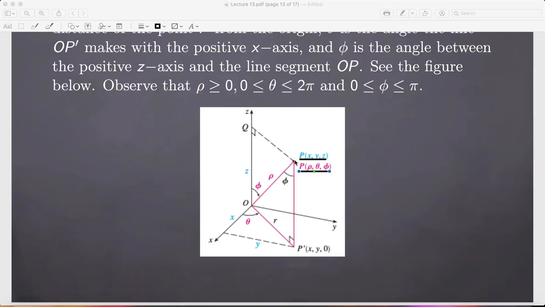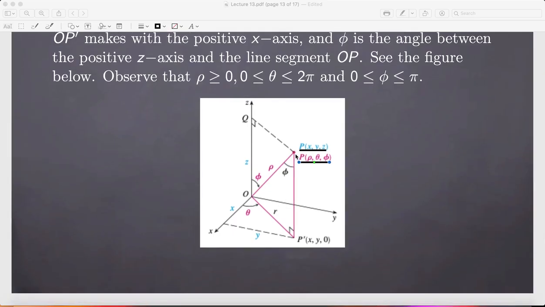The other thing is theta. What is theta? You look at the projection of this point in the xy plane, and you write down the polar coordinates for this. This r is a new thing. This r is the distance, as in the previous case, from the origin to the projection of the point P, the point P prime written over here, and theta is the same angle as we had earlier.